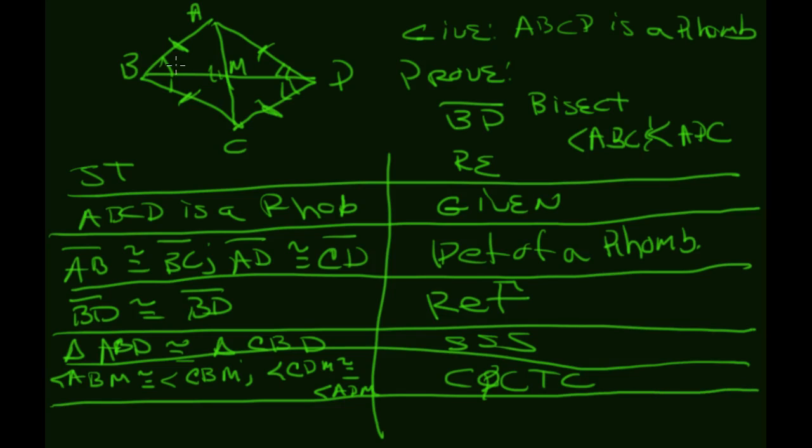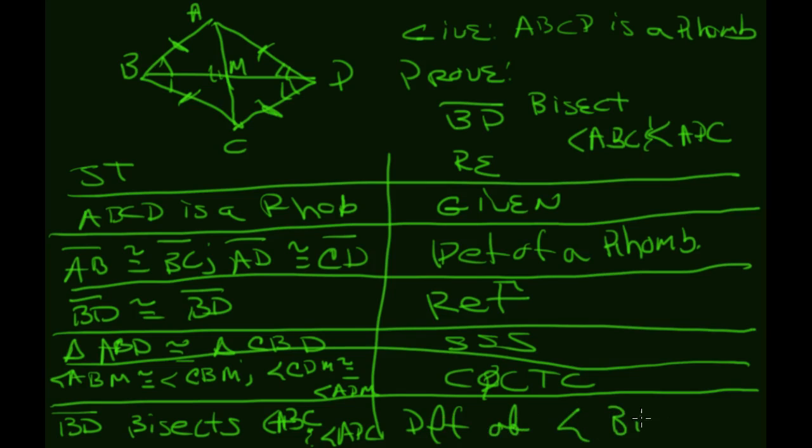Well, if this segment is splitting these into congruent angles, that means that segment BD bisects angle ABC and angle ADC, because that's the definition of an angle bisector.